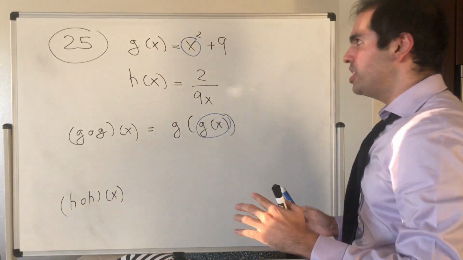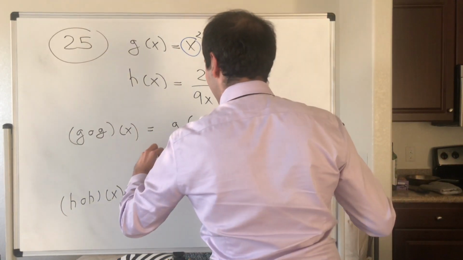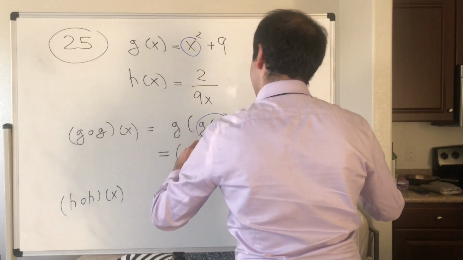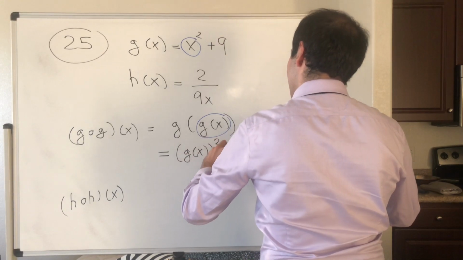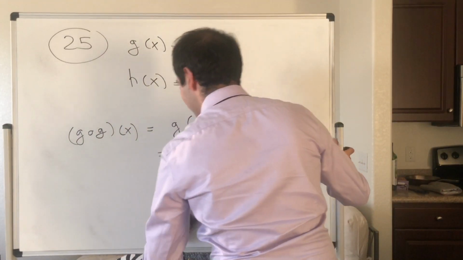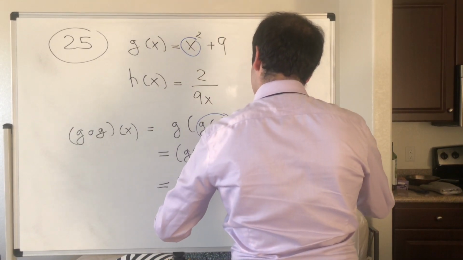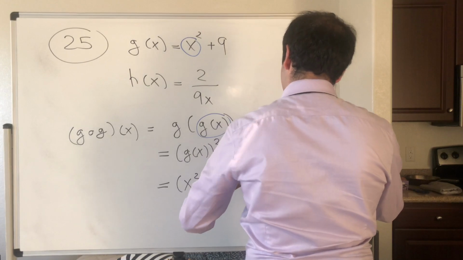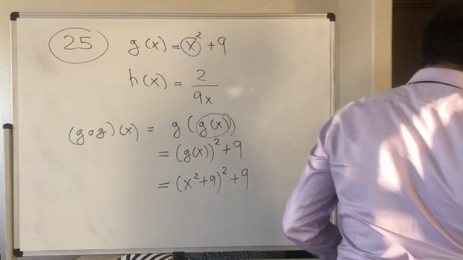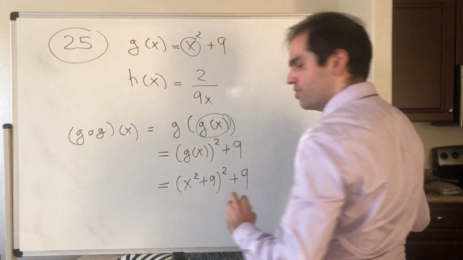So what does g do? It squares it and adds 9. So this just becomes g of x squared plus 9. But remember, g of x, that's just x squared plus 9, so (x squared plus 9) squared plus 9, and they said simplify, which I assume here means expand out the square.